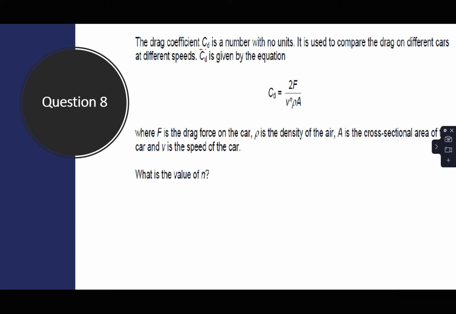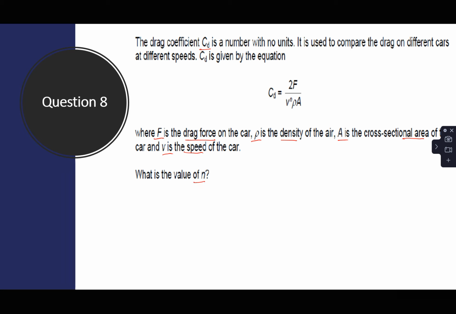So CD is a number with no units, we don't mind about that, and CD is given by that expression, where F is drag force, rho is density, A is cross-sectional area of the car, and V is speed. What is the value of N?